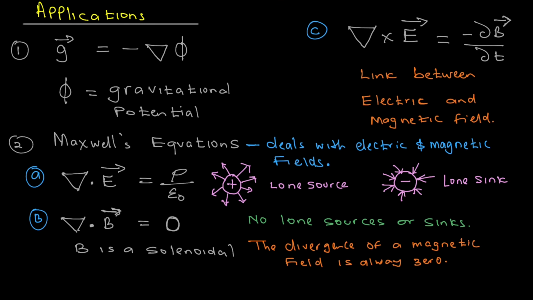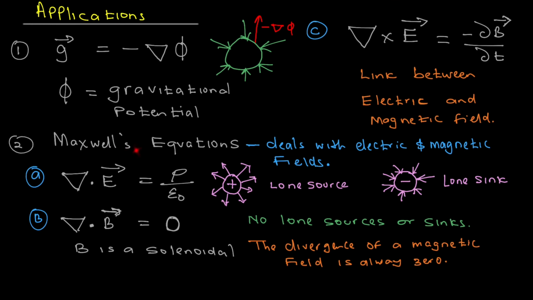So if I draw a gravitational field, which is an attraction field, that's an attractive force, and the gravitational potential, minus del phi, is negative because it's in the opposite direction. So that's one application there.